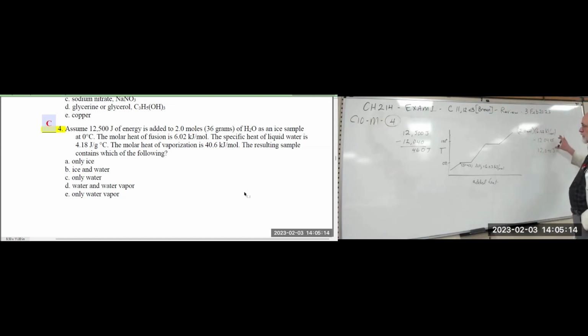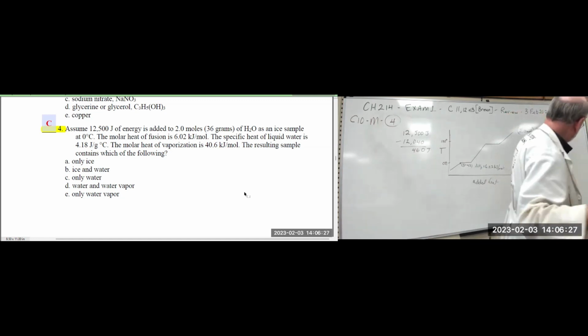All right, so now we need 36 grams of water times its specific heat, which is 4.18 joules per gram degree C, and then change in temperature. Right, that's the unknown. And let's put it on this side. The amount of heat we have available is 460 joules. Right?